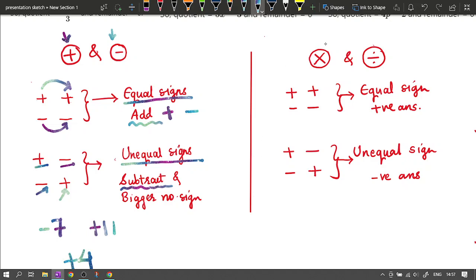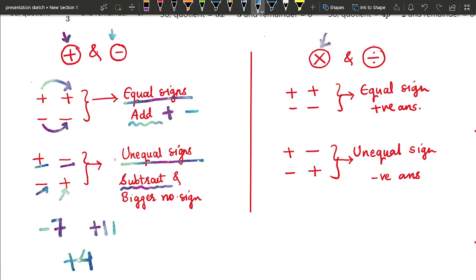Now in the second section, I have mentioned multiplication and division operations. If both integers have a plus sign or both have a negative sign, then the signs are equal. In that case, whatever operation we are doing, multiplication or division, the final answer should always be positive.